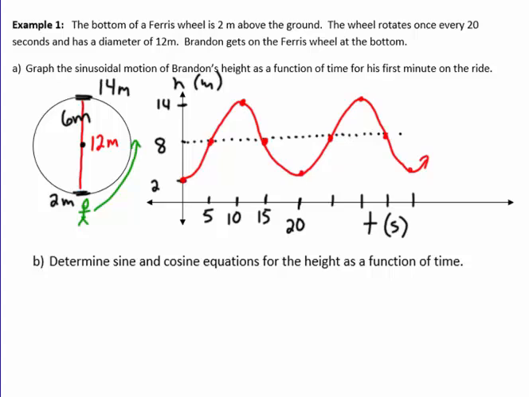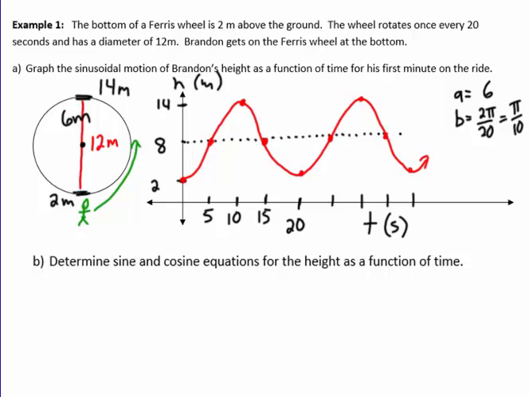Well, let's first get the information from the graph that we need. Our amplitude, in this case, is just 6. The b value will come from the period. Remember, it's 2 pi divided by 20, which is then pi over 10 for the b value.